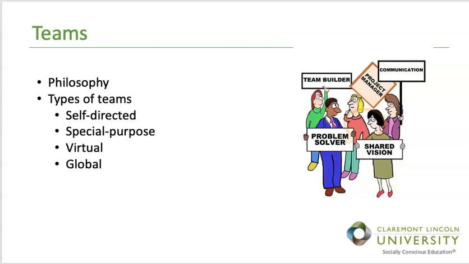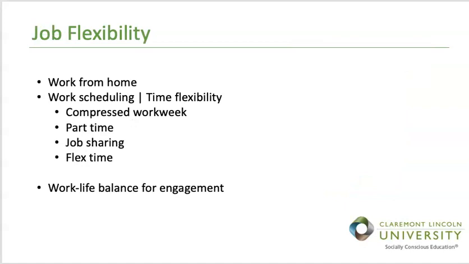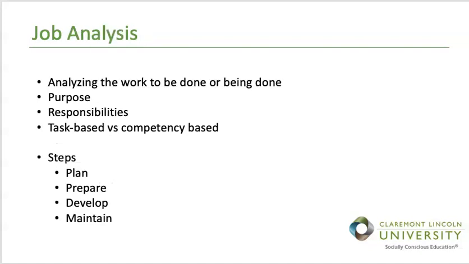So read more about the types of teams in Chapter 4. Job flexibility is another part of job design and contributes to the motivation and engagement. Allowing workers some latitude in the hours they work and where they work these days influences satisfaction and ultimately retention and turnover.